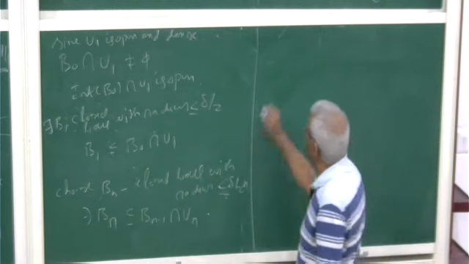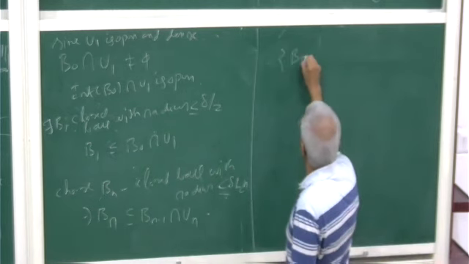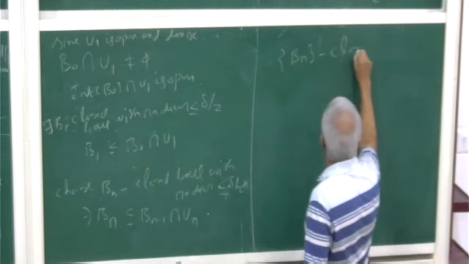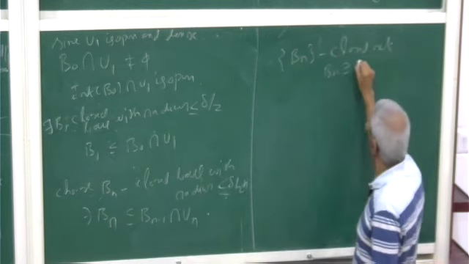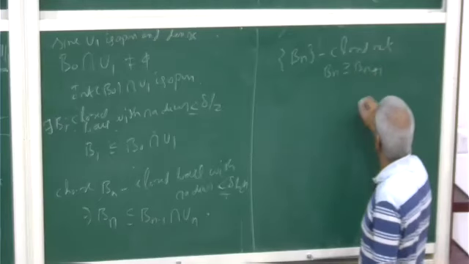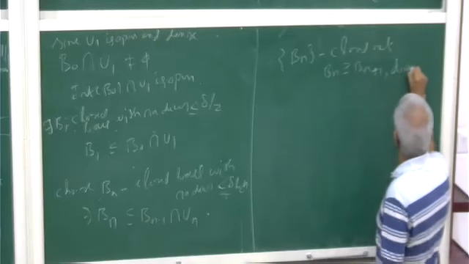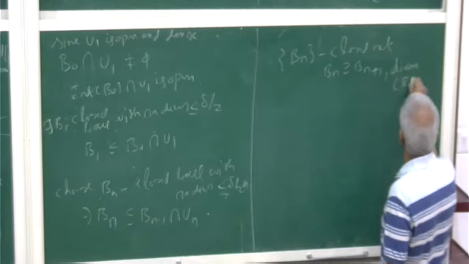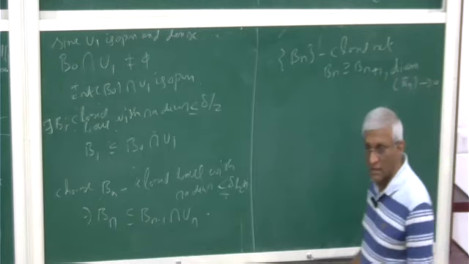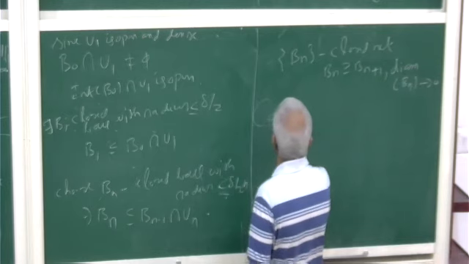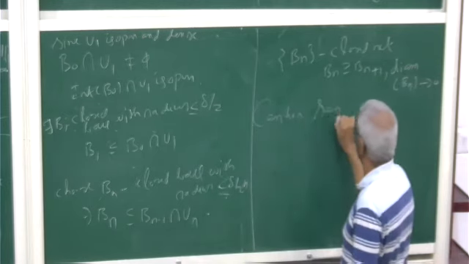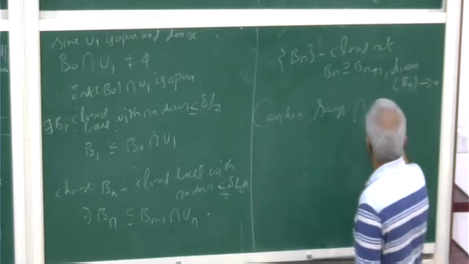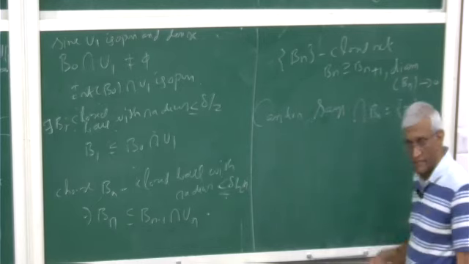So these Bn are closed sets, decreasing, that is Bn contains Bn plus 1, and the diameter, which is twice the radius, goes to 0. So Cantor says the intersection of Bn equals some singleton x.